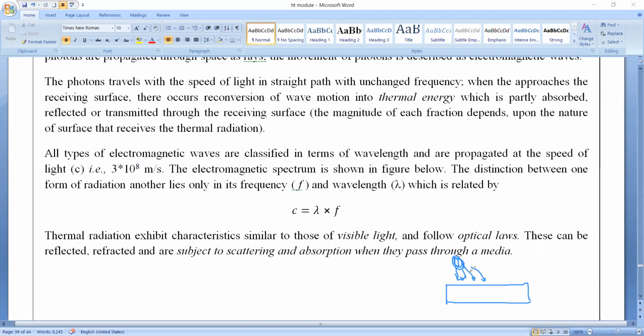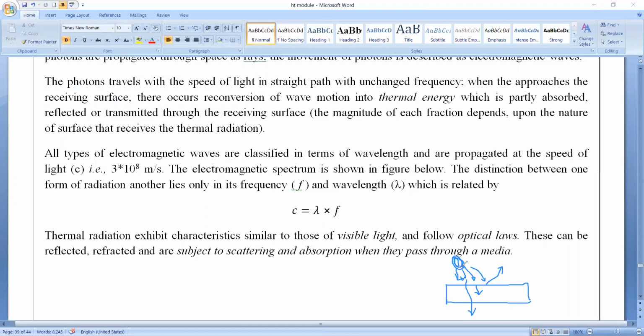Now, if we consider the total thermal radiation falling on the surface of the receiver, then some radiations will be reflected back, some radiations will be absorbed by the body, and some radiation will be transmitted through the body. It purely depends on the nature of the receiving surface.